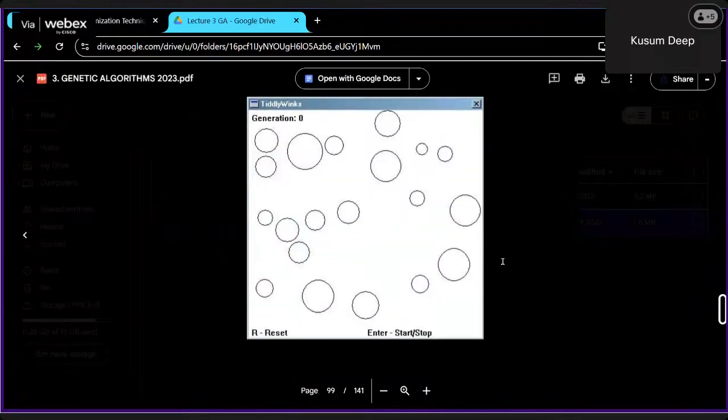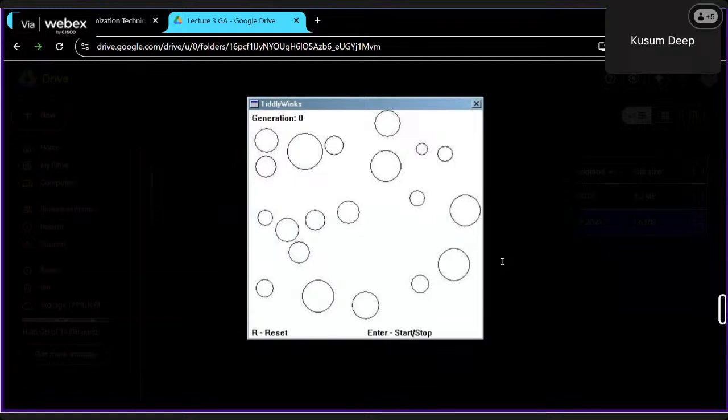So this is the given data. You have a rectangular space with a number of circles lying in the entire rectangular region, and these circles have different centers and different radii.